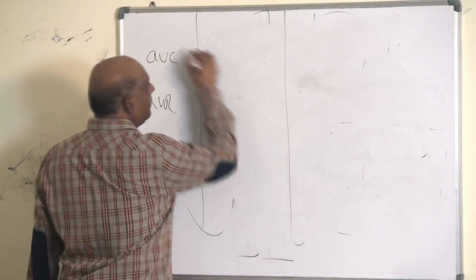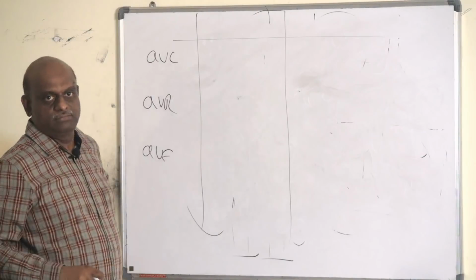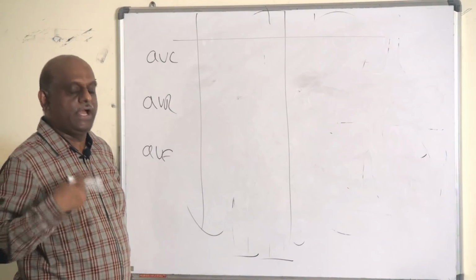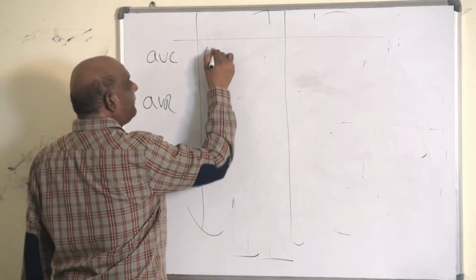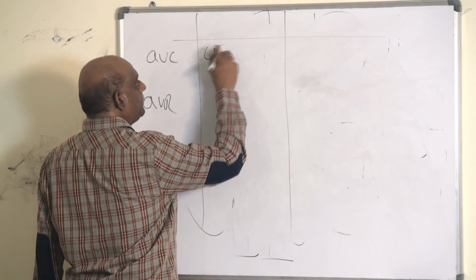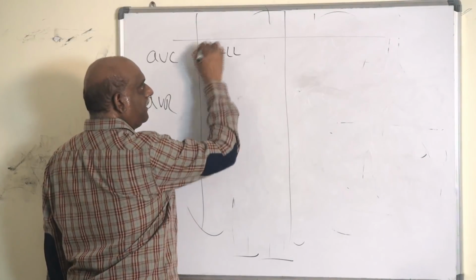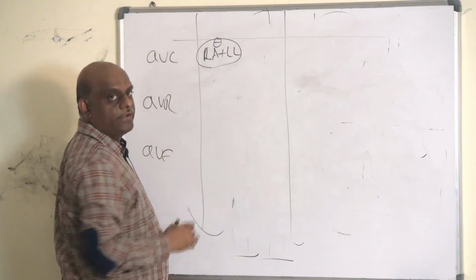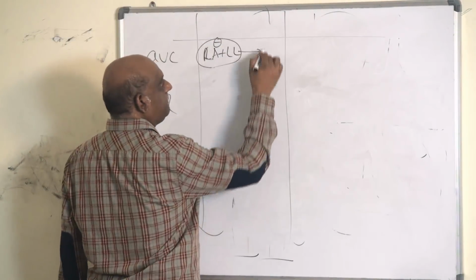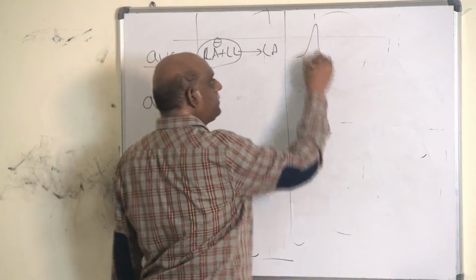How do you get AVL? Just close the eyes and remember. Right arm and left leg combined made a negative electrode compared with left arm. You get AVL. How is QRS? Positive.